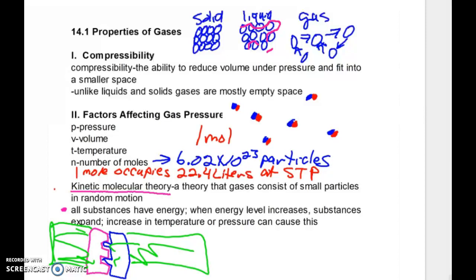Gases can be compressed. They have something called compressibility, so it means that you can take a sample of gas and squish it into a smaller sized container. That causes an increase in the pressure of the gas, but it can be pressurized.